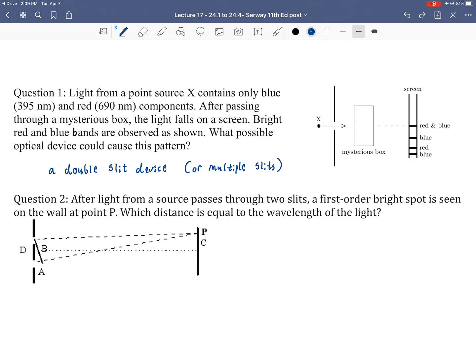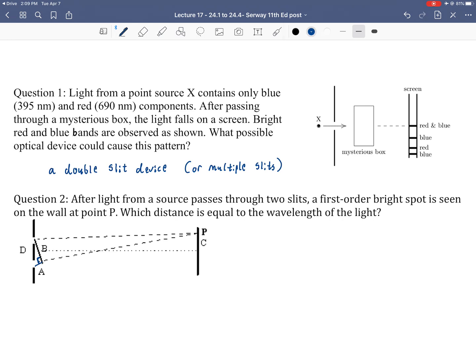If we're looking at the picture, you can see there are distances that are labeled. There's D, there's A, B, and C. Those are your 4 options. D is just referring to the distance between the slits. B is referring to the hypotenuse of the triangle that's shown there. Actually, that would be one leg.